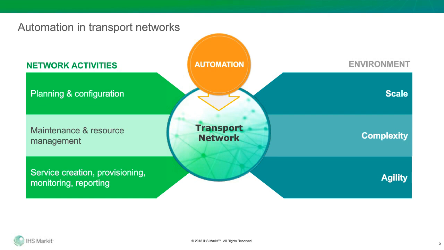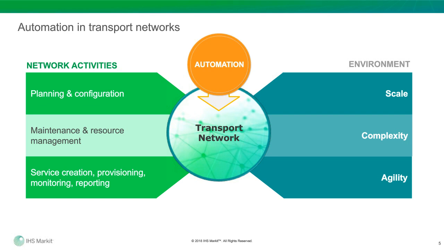These very same concepts are now being examined in the context of just about every aspect of transport network operations, including network planning and configuration, network maintenance, resource management, and resource optimization. And of course, on the network services side, we're seeing a lot of activity around the use of automation to improve how we deliver services and how we manage them over the service lifecycle.